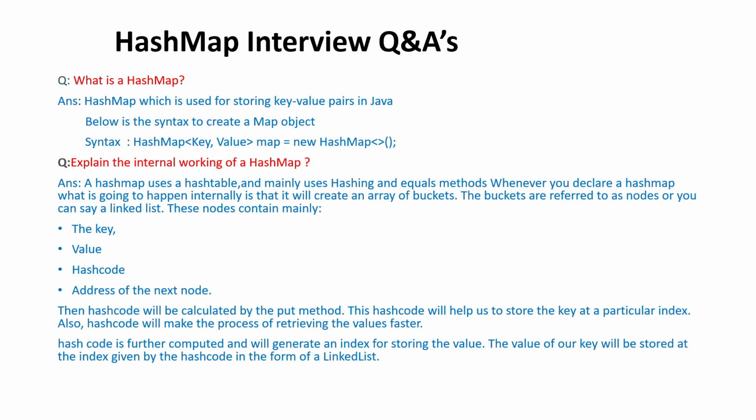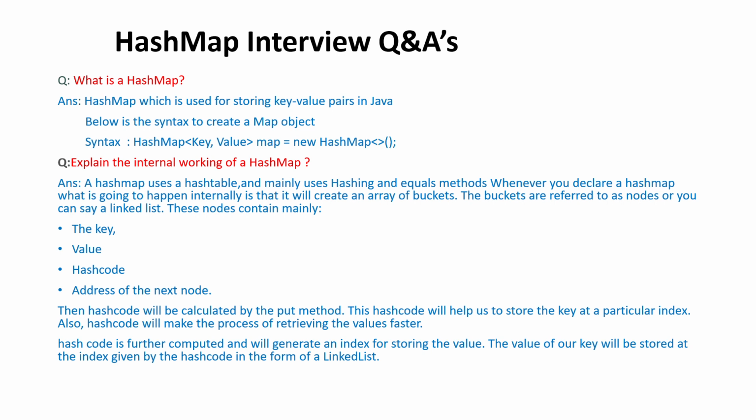So what happens internally when we are putting any element into the HashMap? First it will generate the hash code. Using that hash code, it will search for the bucket. Suppose the hash code is already available for the same key. What will it do? It will compare the keys, whether they are equal or not.